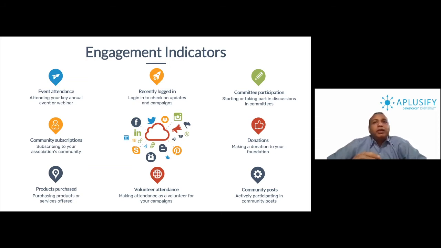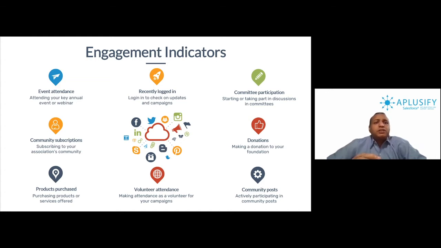Similarly, you can check the community subscriptions you have. Active members will have more subscriptions. Your less active members will have fewer subscriptions. So community subscriptions can be one of your engagement indicators. Then you may have your association products that are on sale on your AMS system or any other system.